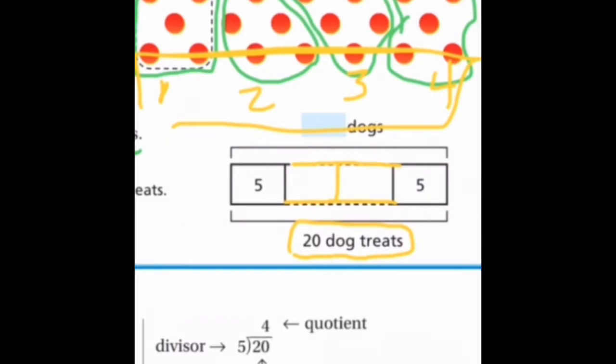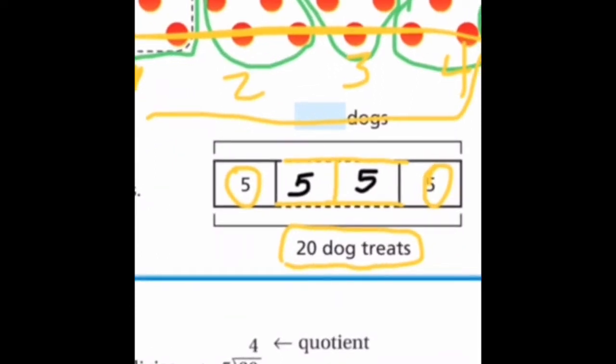And then since there are 5 in this one, and there are 5 over here too, that means we need to have 5 in the others. Remember, whatever number goes in one of the boxes, the same number goes in the other boxes. Okay? So since that one box had a 5, the other ones need 5 too.